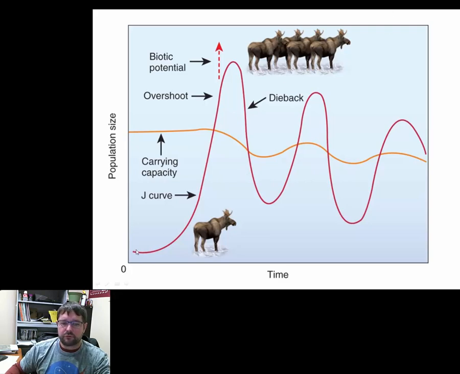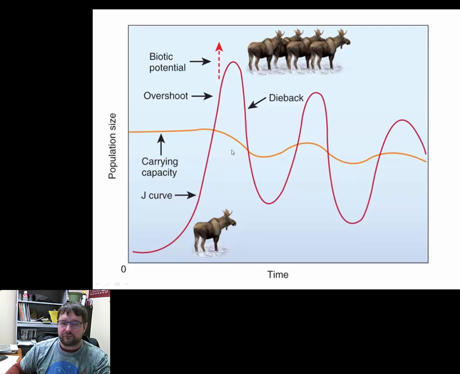When moose first originally got to the island, their population exploded. There's nothing out there. There's no rabbits. There's no competition for food. So their population exploded. Okay? They overshot their carrying capacity. So you had this population crash, and they died back. Okay? And they've done this many, many times.